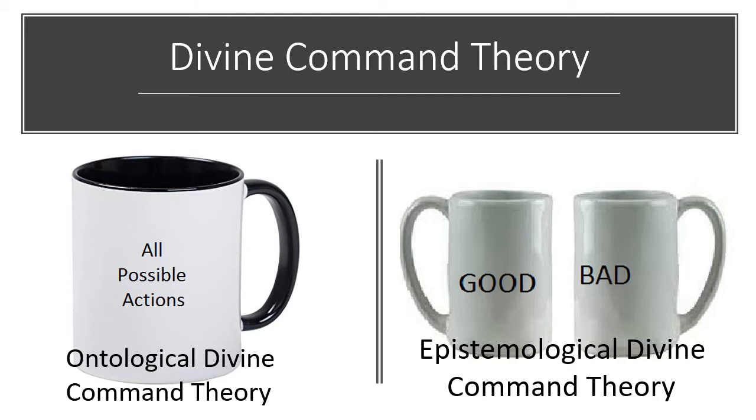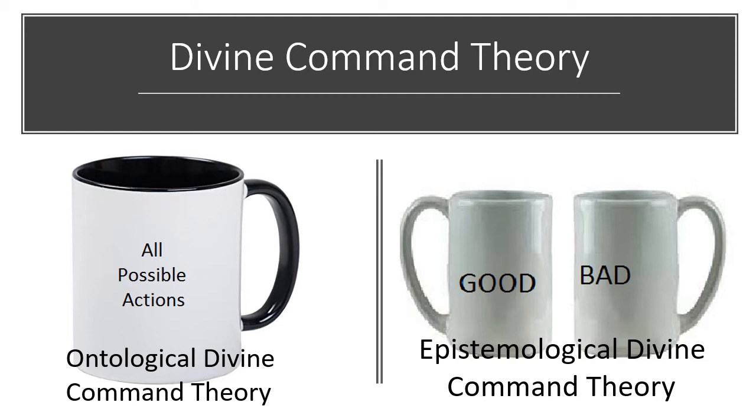And in the ontological divine command theory, what happens is that God pulls out those actions and he looks at them and he arbitrarily says, this one is good and this one is bad. This one is good and this one is bad. And he goes through the whole cup, sorting them out, deciding, between the two, which one is good and which one is bad.